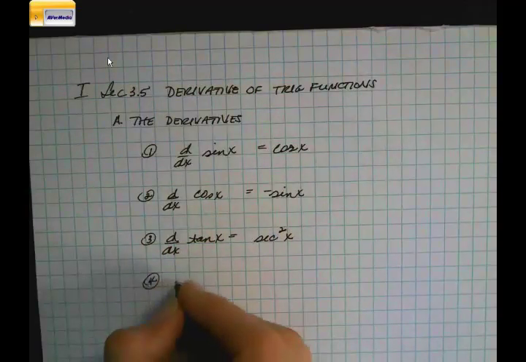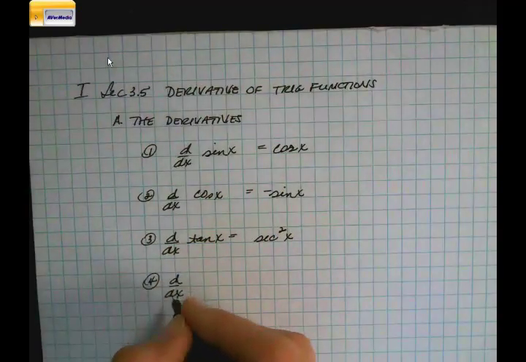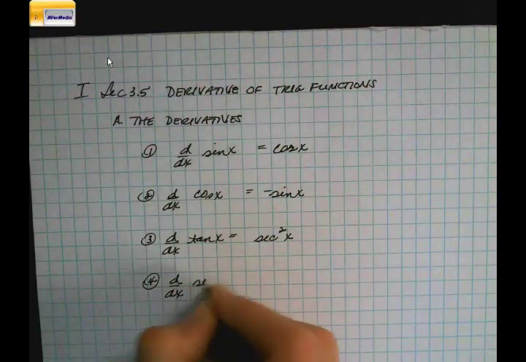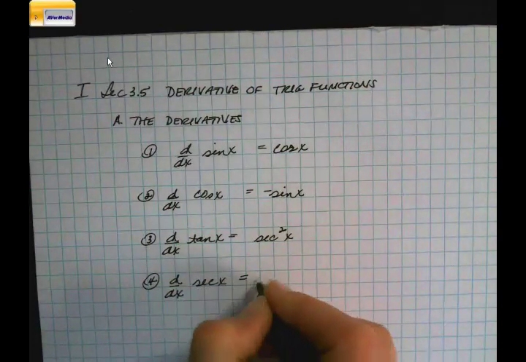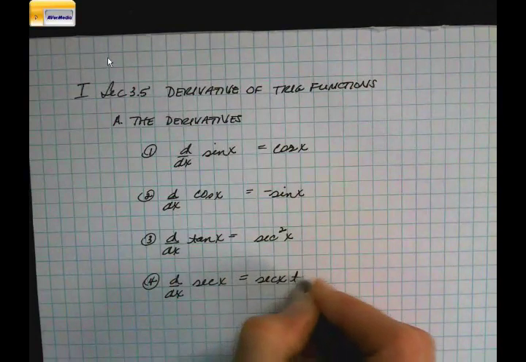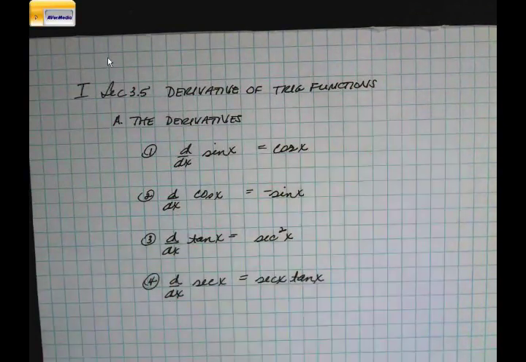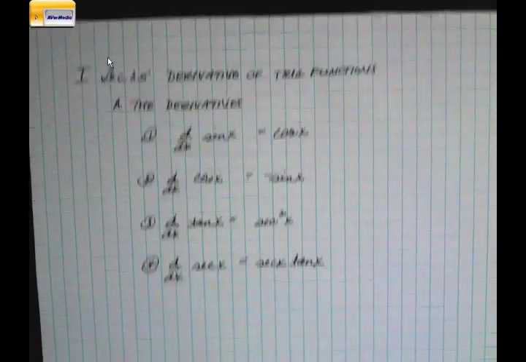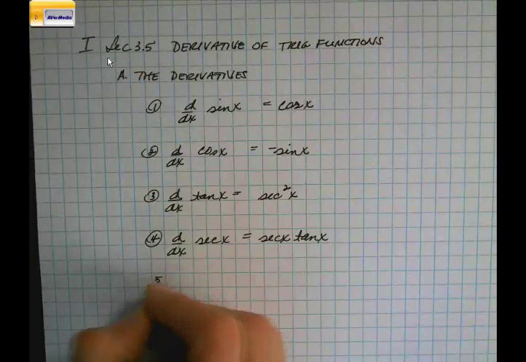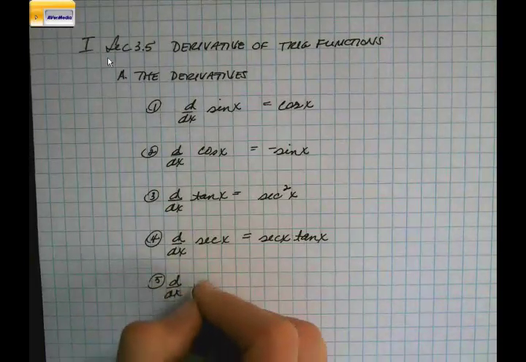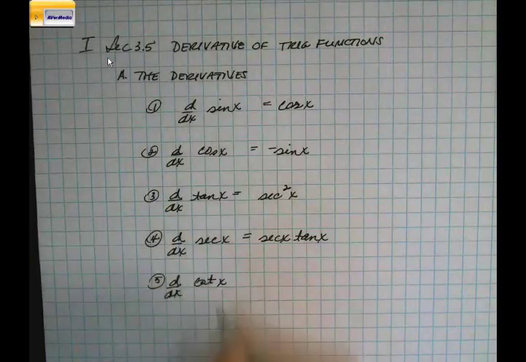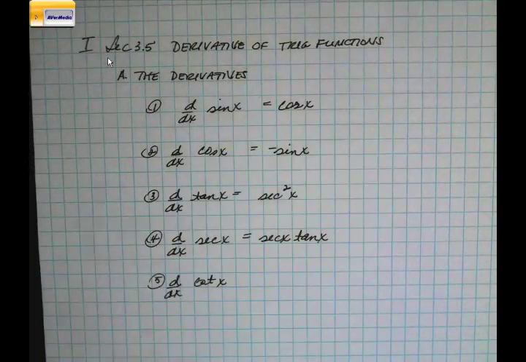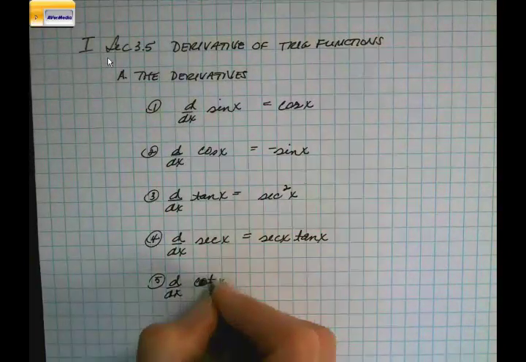Then the other ones that we have here, we do use them. I don't know these by heart like I should. This one I know pretty good. The derivative of the secant function is secant x tan x, and we do use that one off and on. The derivative of the cotangent function, this one I'd probably always have to go to my book to recall.